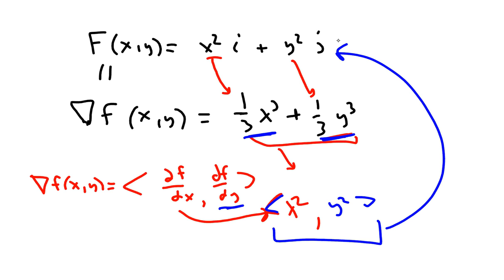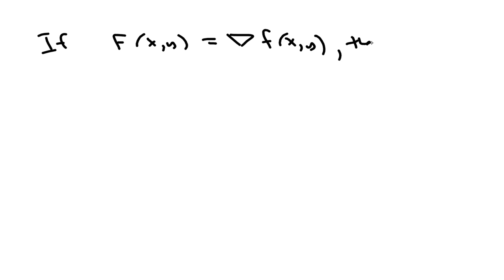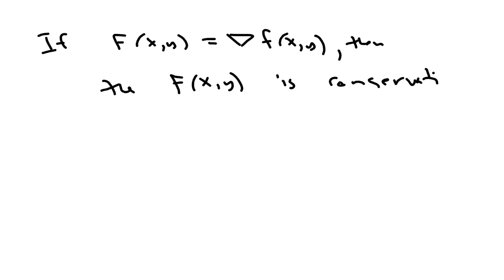So it turns out that if a vector field F of x comma y is equal to the gradient of some scalar function, then the vector field F of x, y is, you could say this two ways, conservative, or maybe a more intuitive title would be path independent.